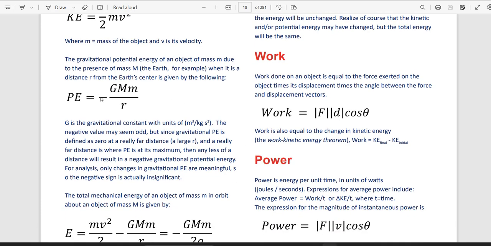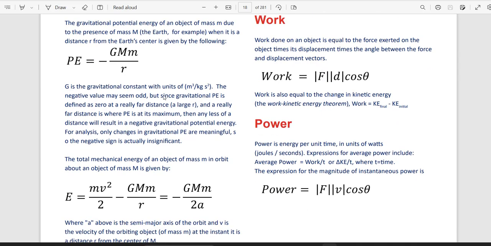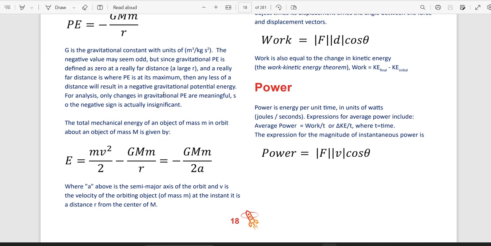The negative value here may seem odd, but gravitational potential energy is defined as 0 at a really far distance, at a large r, where the potential energy is at its maximum. Then anything less than this distance will result in a negative gravitational potential energy. Really, for analysis, only changes in gravitational potential energy are meaningful, so the negative sign is actually kind of insignificant.